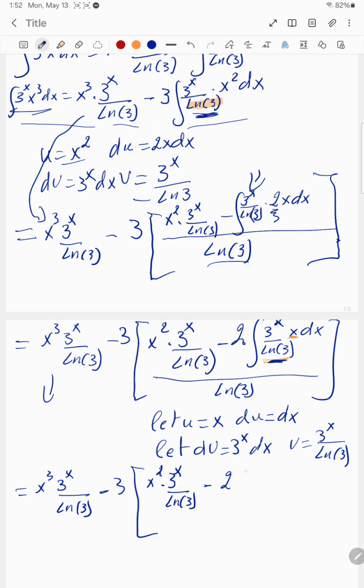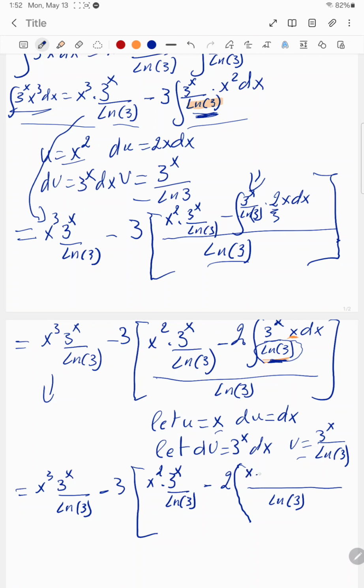And I open another parenthesis here, and this, in order not to forget it, let's put it right away, ln 3. And here it's u times v, and my u is x, and my v is 3 to the power of x divided by ln of 3.